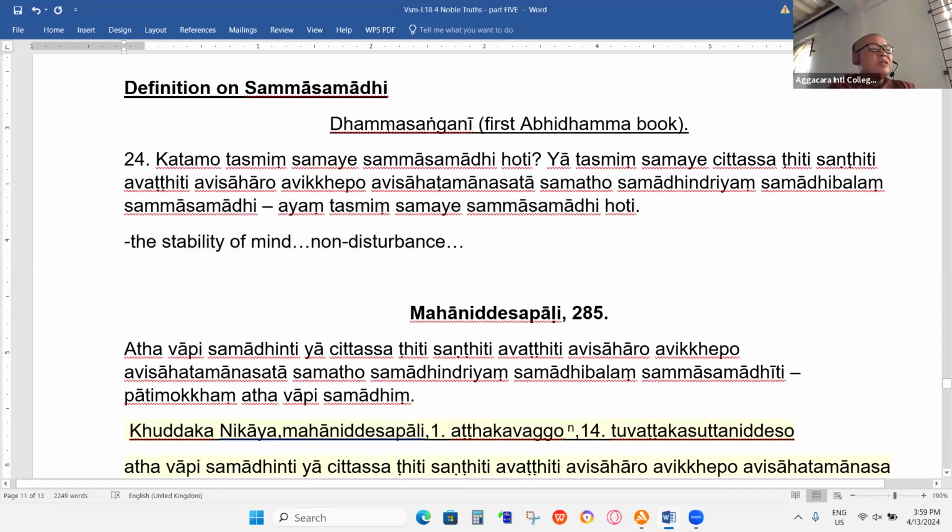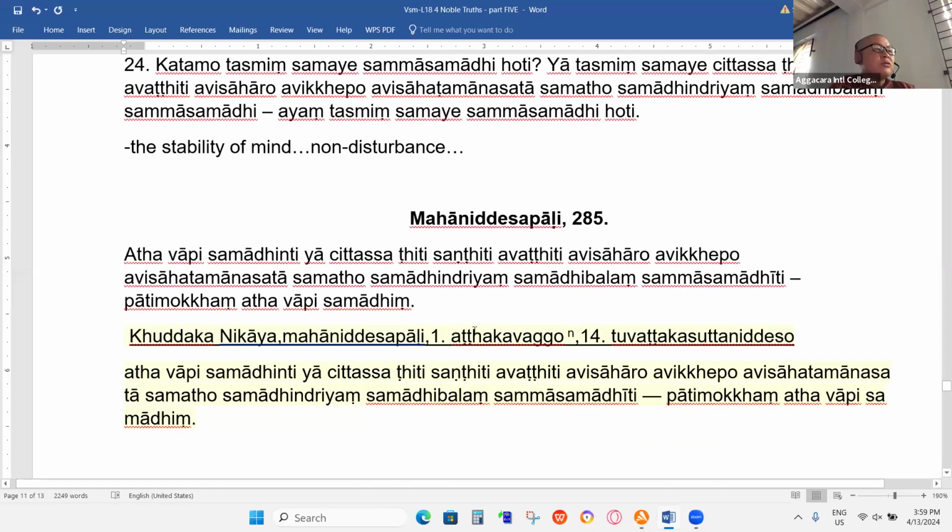And if somebody doesn't like to learn from Abhidhamma, we look at another sutta. This is called Mahanidana Sutta. This sutta is also very ancient, one of the ancient suttas. You also have the similar Pali text, also talking about the stability of mind, and avikkhepo, non-disturbance of mind.